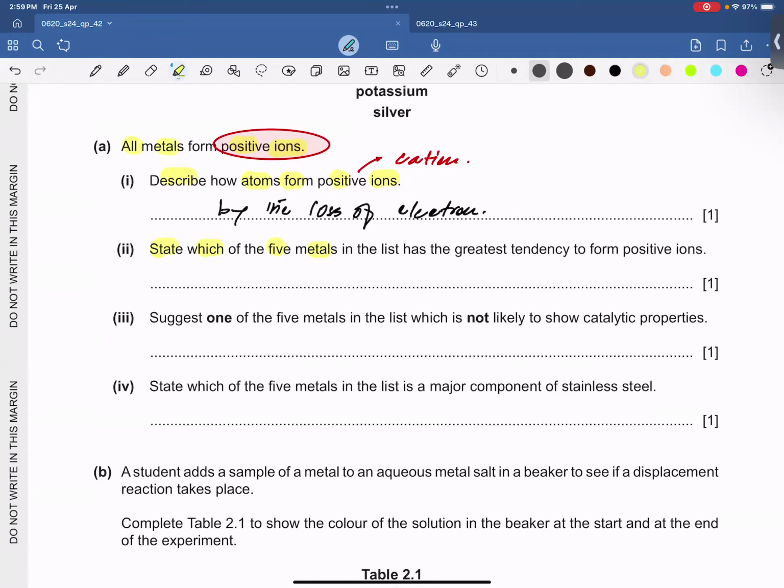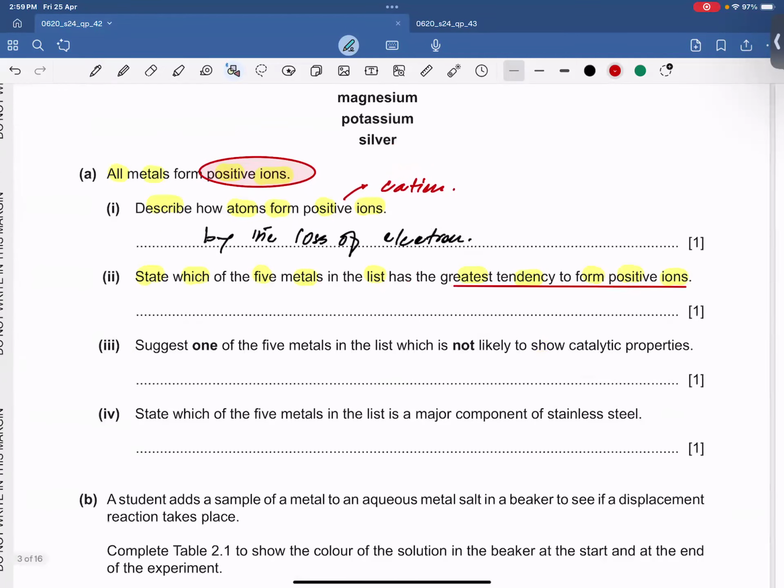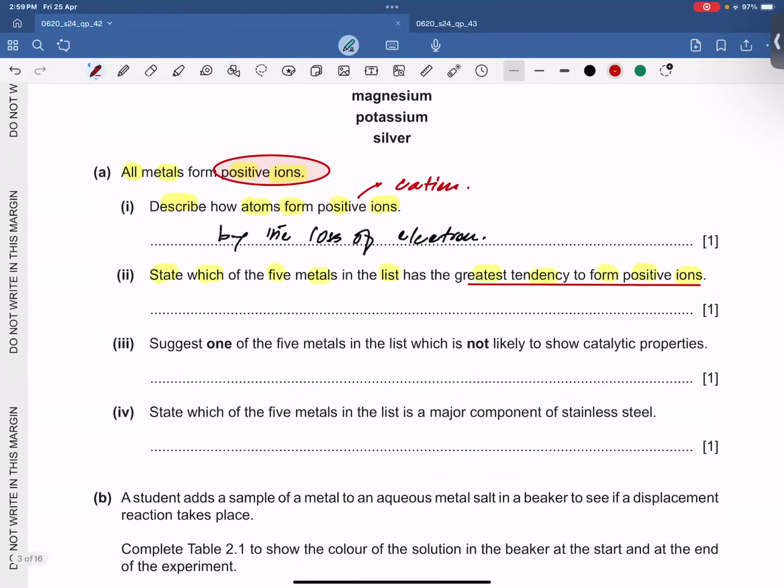State which of the 5 metals in the list has the greatest tendency to form positive ions. Simple format. The more reactive the metal is, the greater the tendency to form positive ions. Most reactive metals form cations easily.